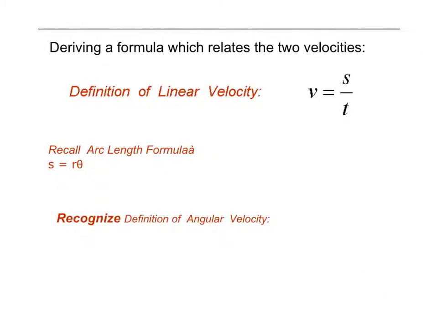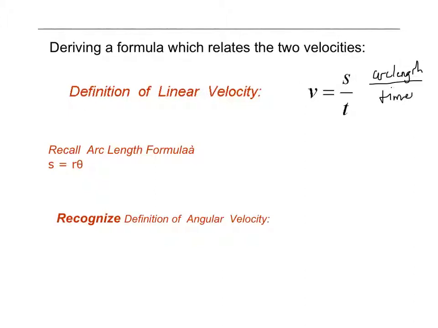All right, so you can actually derive a formula which relates the two velocities. In other words, you can put both things together. We're going to start with the definition of linear velocity. Linear velocity v is the arc length, that's s, over time.